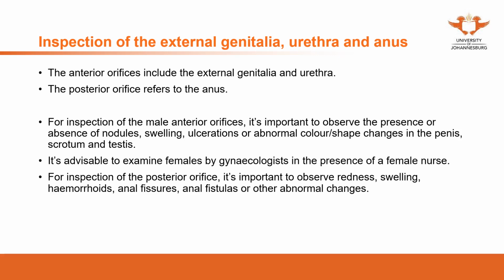Next one is inspection of the external genitalia, urethra, and anus. For this session, we're also not going to focus a lot. We just give you some of the examples. And mostly here, in acupuncture theories, we focus on the liver meridian.